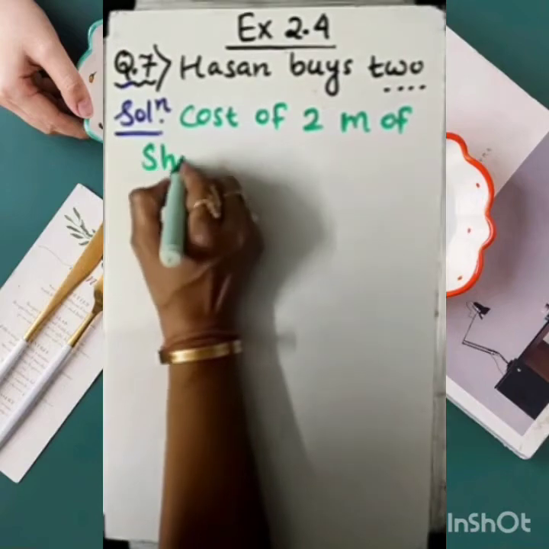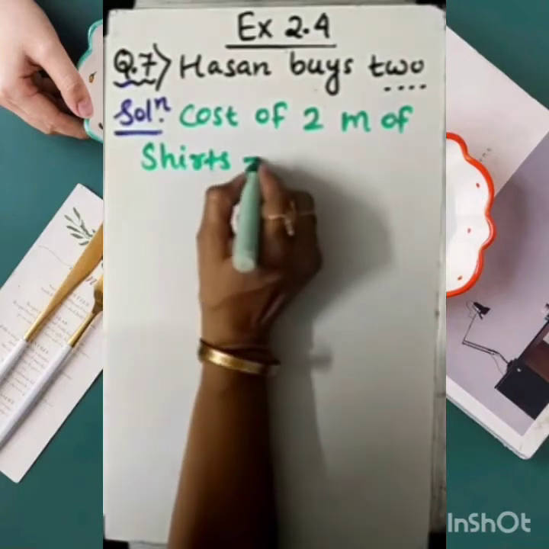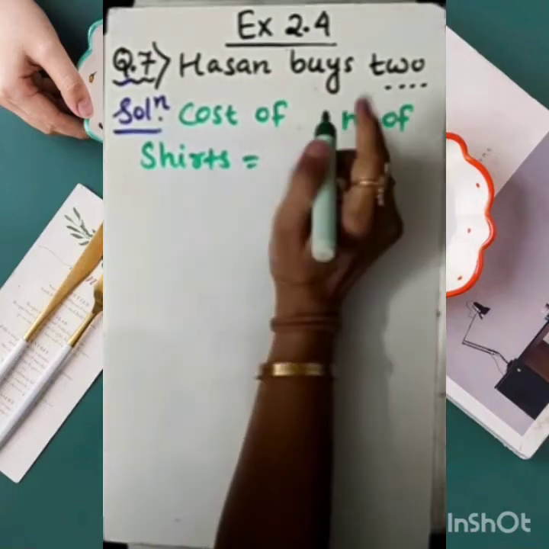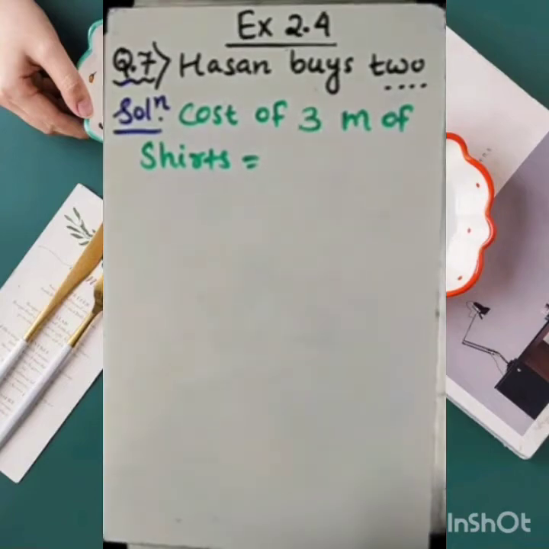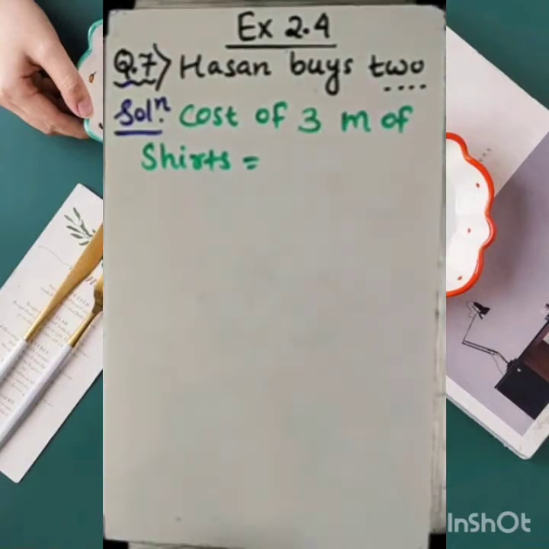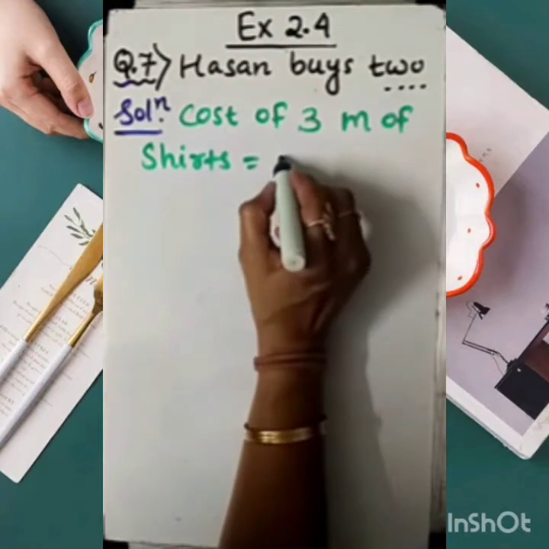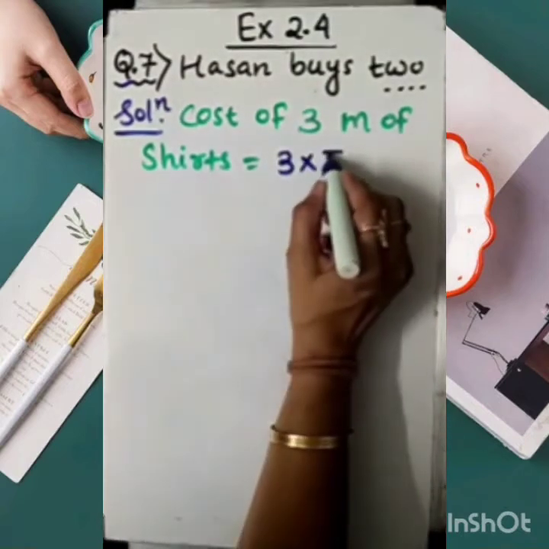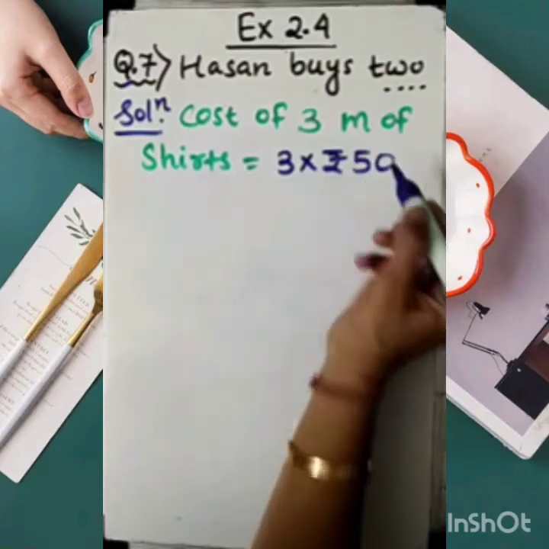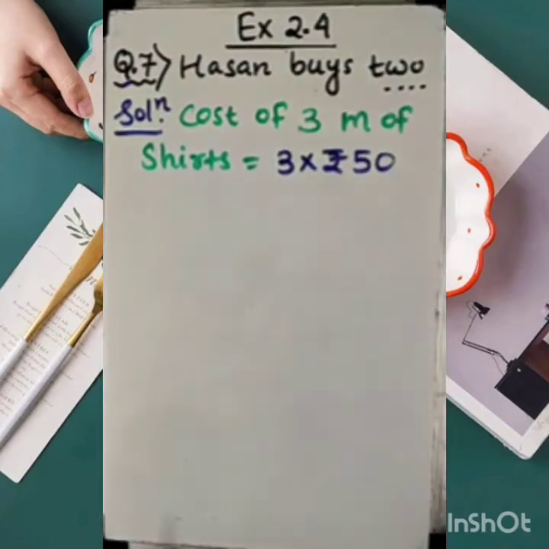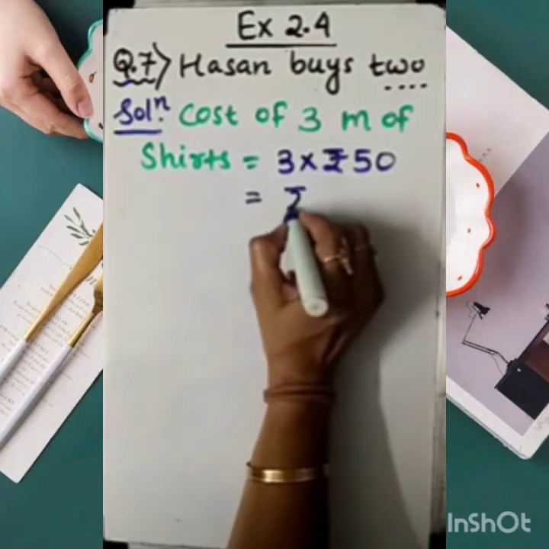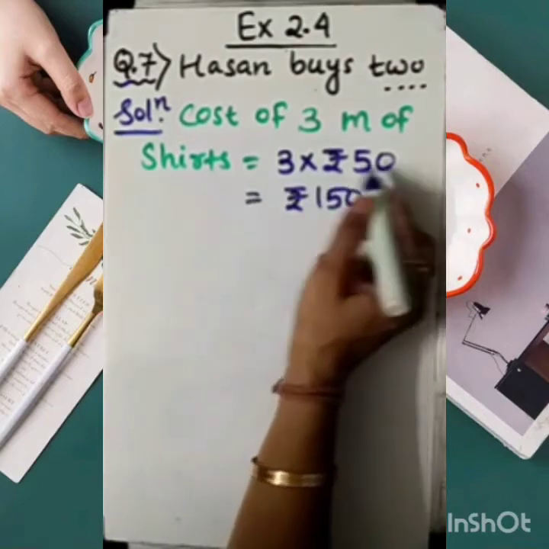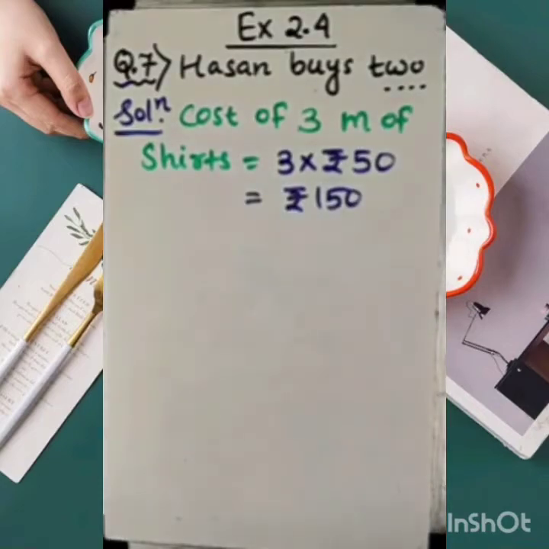Sorry, here I am correcting, because the material needed for making the shirt is 3 meters, so that will be 3 into 50. Each is of 50 rupees, so rupees 150. 50 multiplied by 3 is 150.